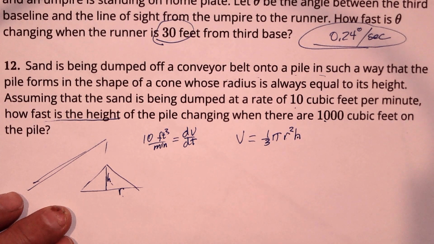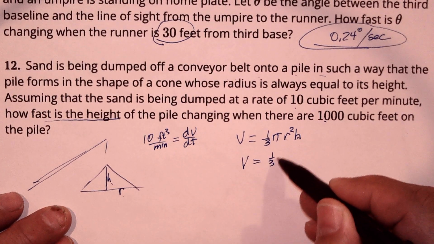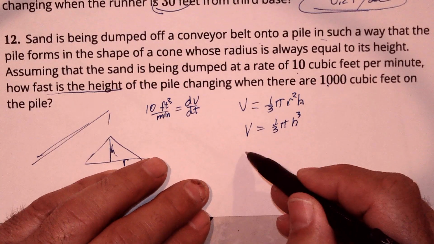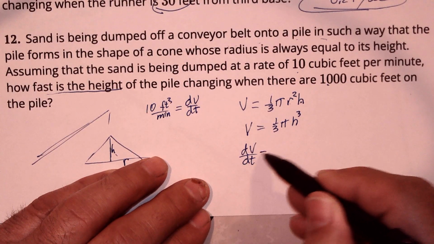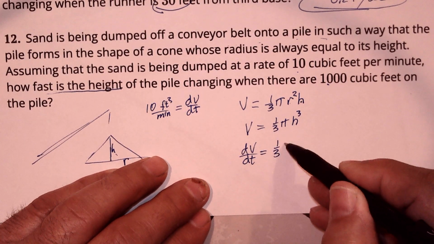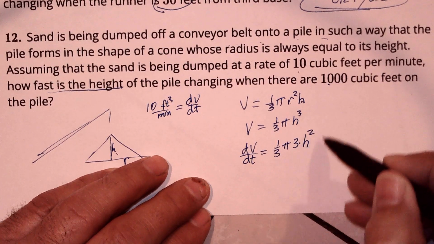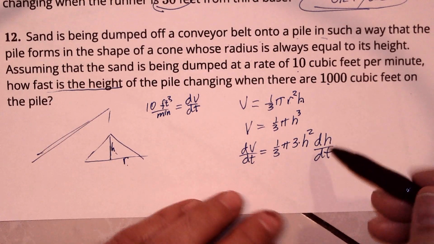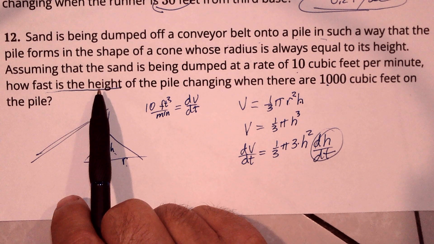So V equals 1/3 pi h cubed. Taking the derivative, the change in the volume with respect to time is 1/3 pi times 3h squared dh/dt. dh/dt is what they wanted us to find. How fast is the pile changing?